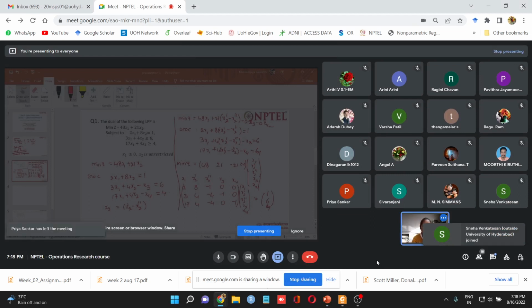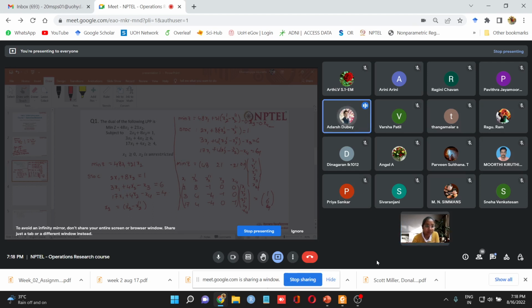In this case, how many variables do we have to take in the dual problem? Three variables, no? Why is it 3? Because there are three equations in the primal, ma'am.